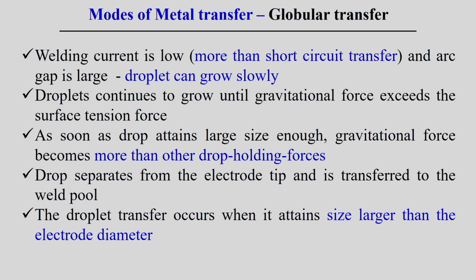This is the basic thing associated with the globular kind of metal transfer. As soon as the drop attains a large enough size, the gravitational force becomes more than the drop holding force. The drop holding force in this case can be the surface tension force, or some other forces, because other forces are also acting due to the magnetic field.